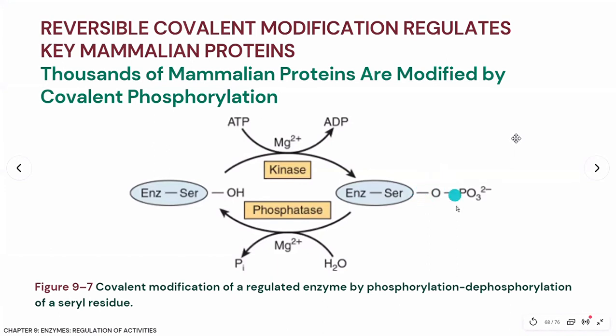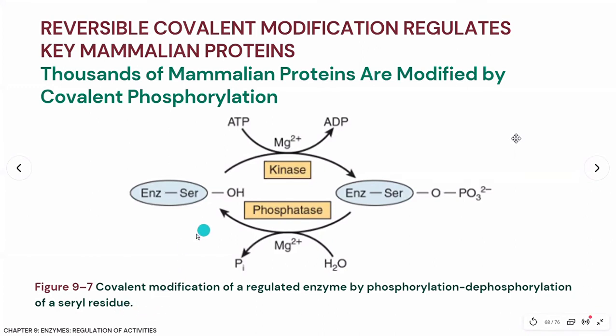And removing the phosphate here is brought about by the enzyme phosphatase, which cleaves that phosphate and it goes back to its original. That's what we call covalent modification, which usually regulates enzymes by phosphorylation and dephosphorylation of the serine residue.